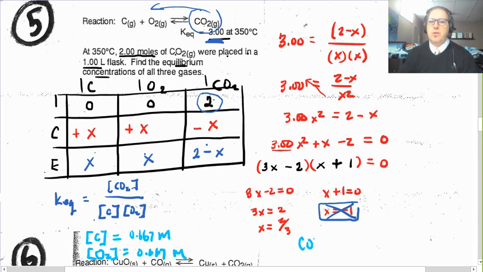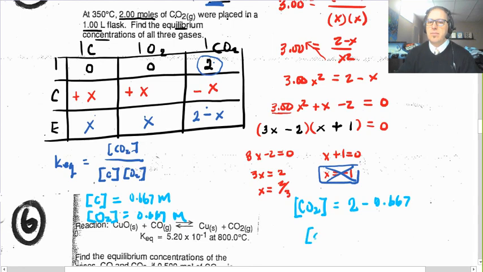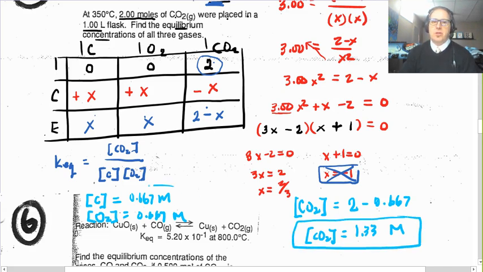And for CO2, the concentration, square brackets, for CO2 is going to be 2 minus 0.667, which is going to be approximately 1.33 moles per liter. Okay. So this looks like what the equilibrium concentrations should be. Does that make sense?